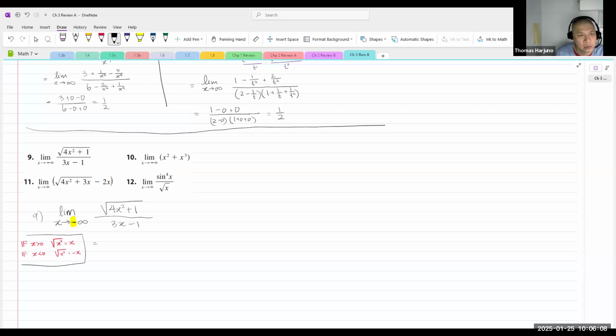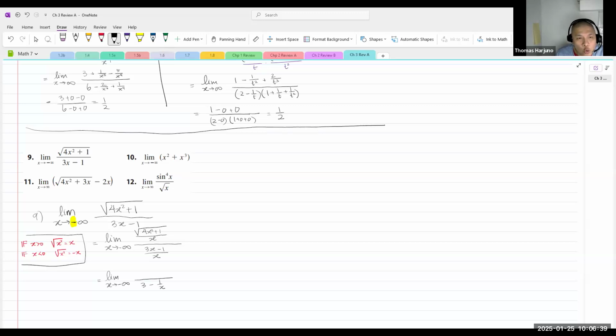So this equals the limit as x goes to negative infinity of the square root of 4x squared plus 1 over x, and at the bottom I have 3x minus 1 over x. For the denominator, I get 3 minus 1 over x, right? The numerator is the one you need to be careful with.